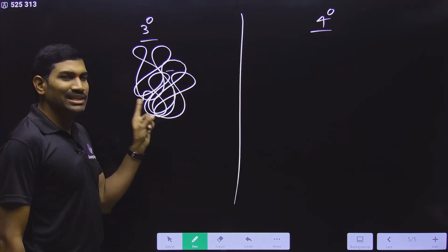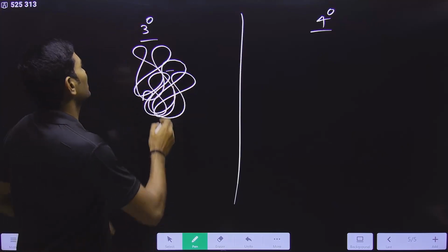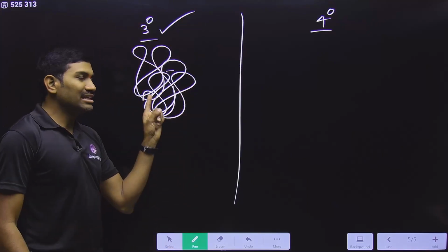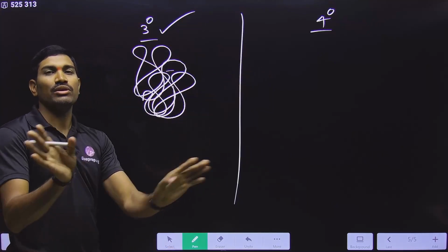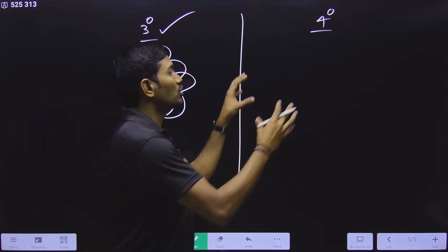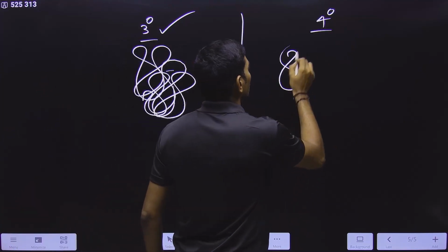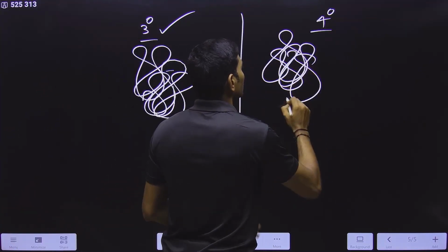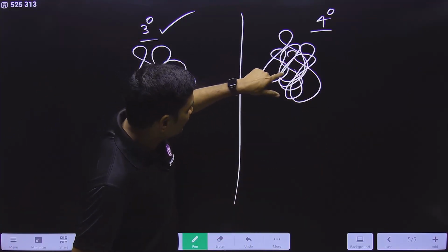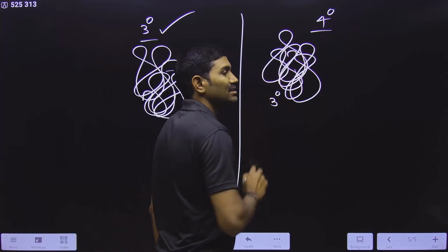For this single protein, the highest level of conformation is tertiary. That's it. Can a single protein show quaternary? No, it cannot. Then when will you see quaternary? When two or more are interacted. Suppose this is one protein. For this single protein, what is the highest level? Tertiary.